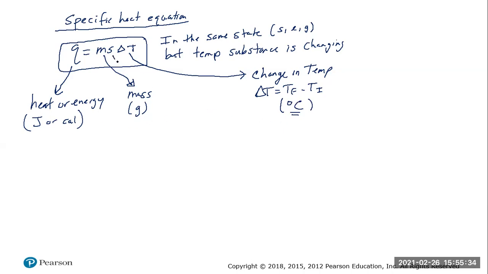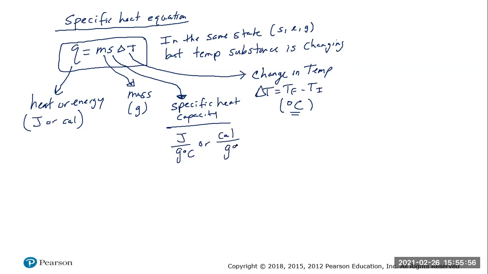And that's really because most of the time in chemistry, when we grab a specific heat capacity, which is what S stands for, it is usually in units of joules per gram per degree Celsius or calories per gram per degree Celsius. So because of these degrees Celsius, again, it's one of those rare times that we actually do keep our change in temperature in degrees Celsius.